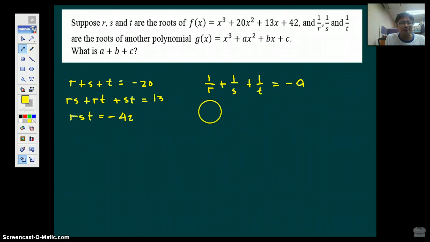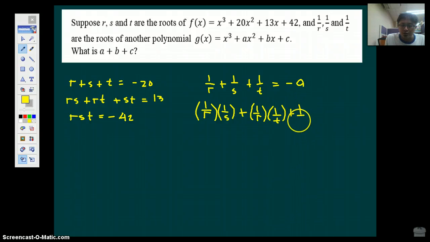Then the sum of the products of these three roots taken two at a time: 1 over r times 1 over s, plus 1 over r times 1 over t, plus 1 over s times 1 over t.